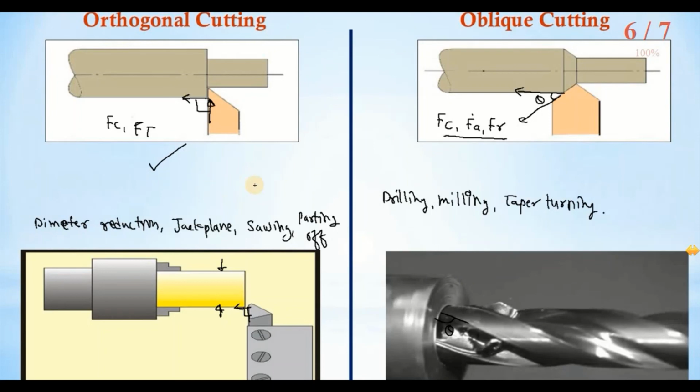For formulating the different formulas for force using the Merchant circle, it is analyzed using the orthogonal cutting process. If it is oblique cutting, then we have to convert that oblique cutting process into orthogonal cutting, then we have to solve that problem.